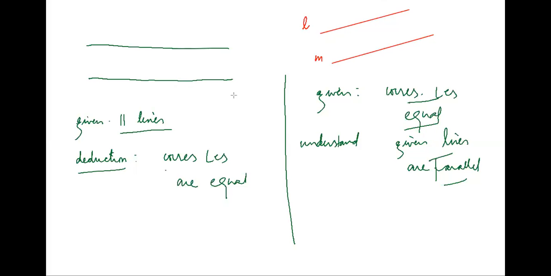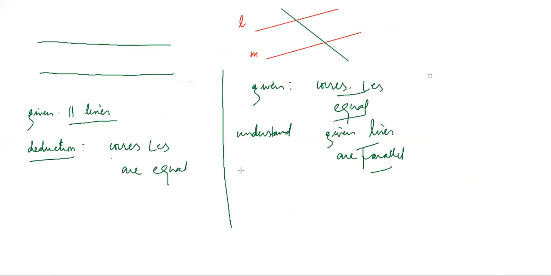You can see that all the corresponding pairs of angles are the same. This and this are corresponding. This and this are corresponding. This and this are corresponding. And this angle and this angle are corresponding angles.